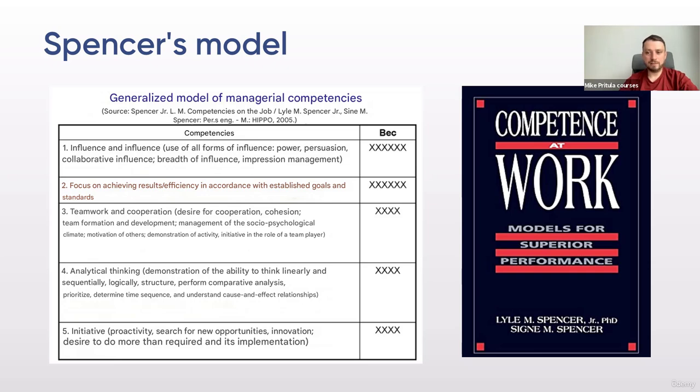The next one is the Spencer model. Spencer's model is very interesting because it comes with a book. This book is called Competence at Work. This is actually the most comprehensive book on competencies I've ever read. And this is the book I read around 2010 when I needed to build a competency model in my company, and I didn't know much about it.